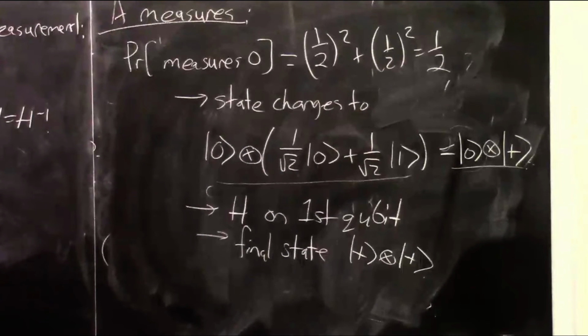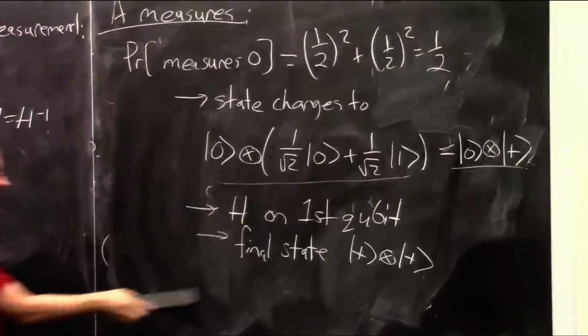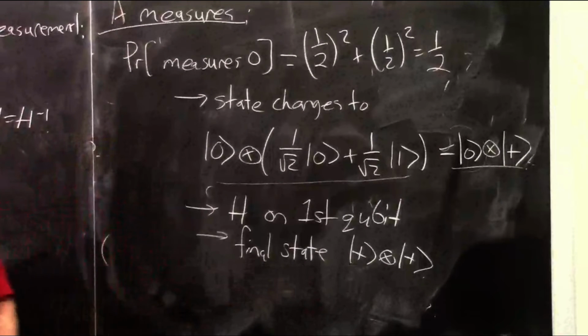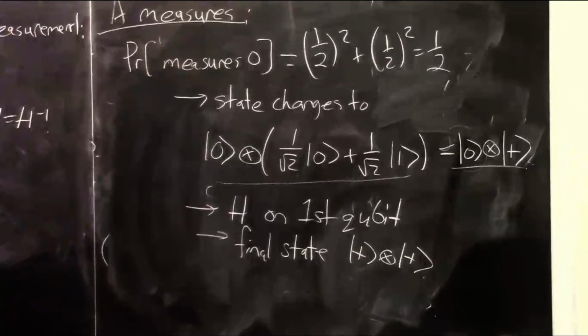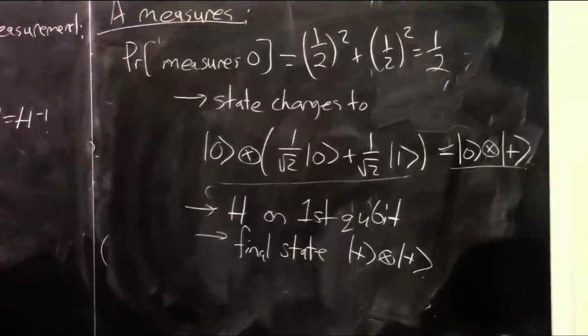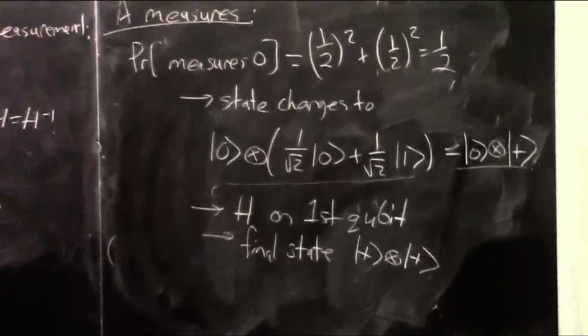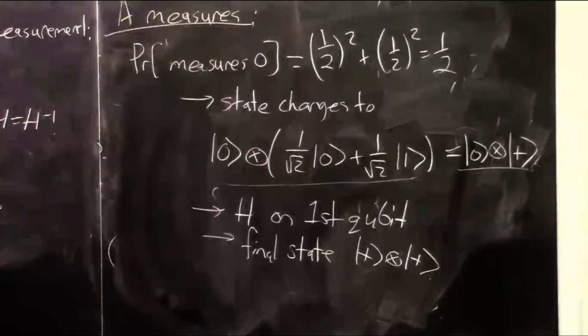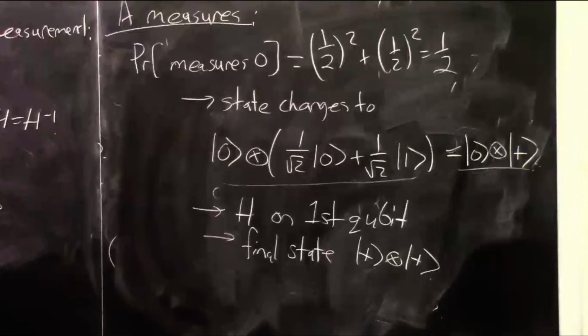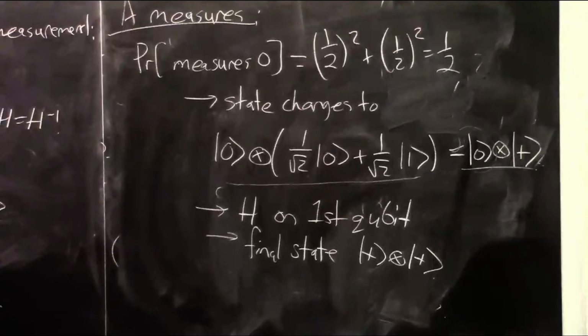Okay, and that's consistent with her pretending that the outcome was plus, and now after undoing the rotation, it really was plus. And when that happens, Bob's state is also plus. Okay, that's half the cases. I'm going to leave the other half of the cases as an exercise to you. But I'll say what happens.